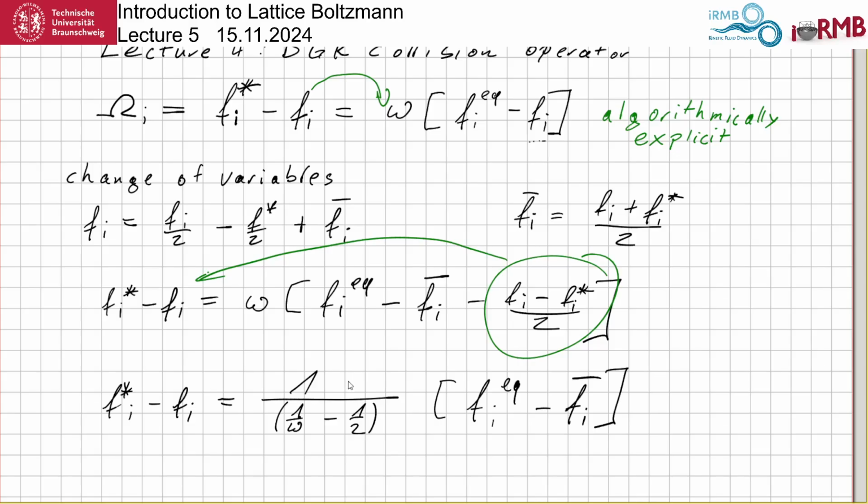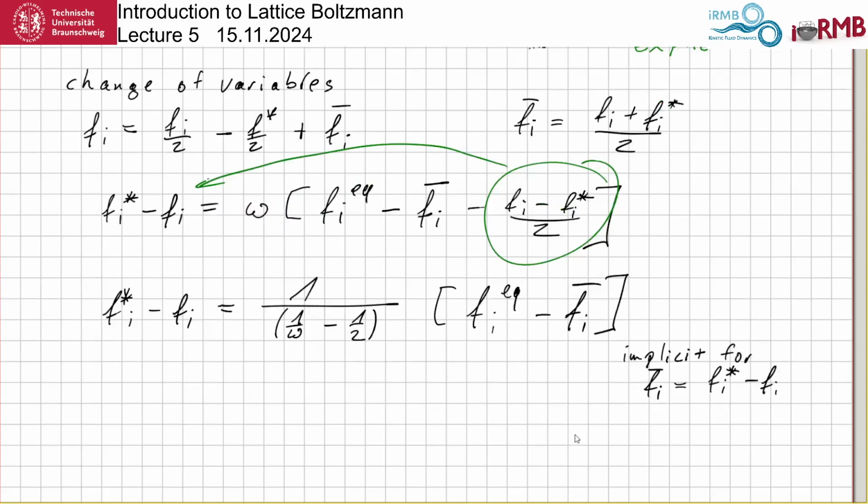The interesting thing now is that this is implicit for F. I should write it the same way, Fi overbar, which we defined as this minus this.